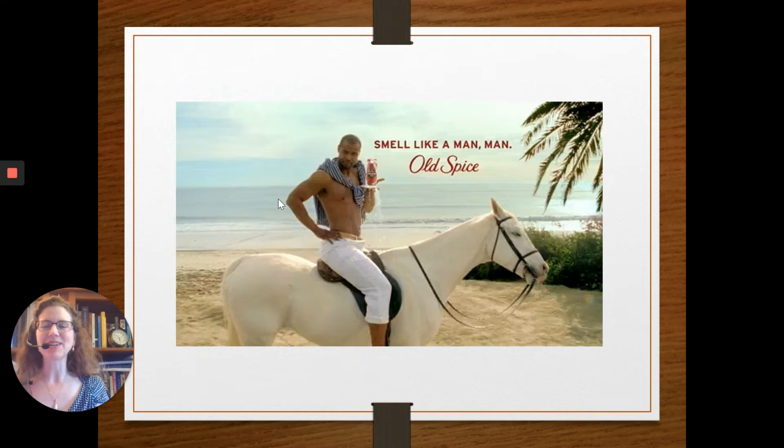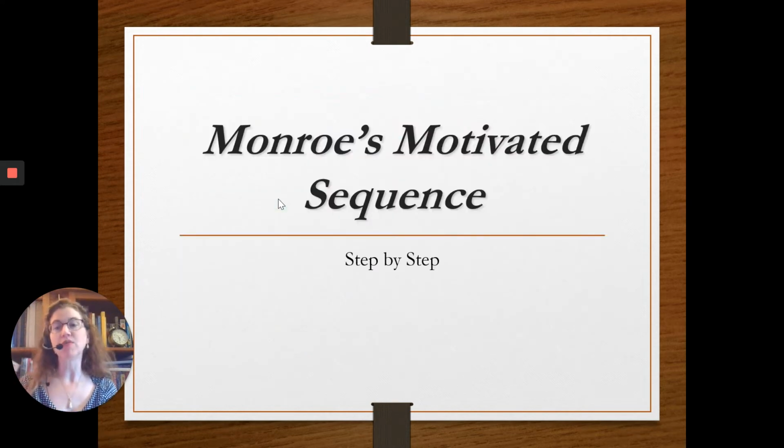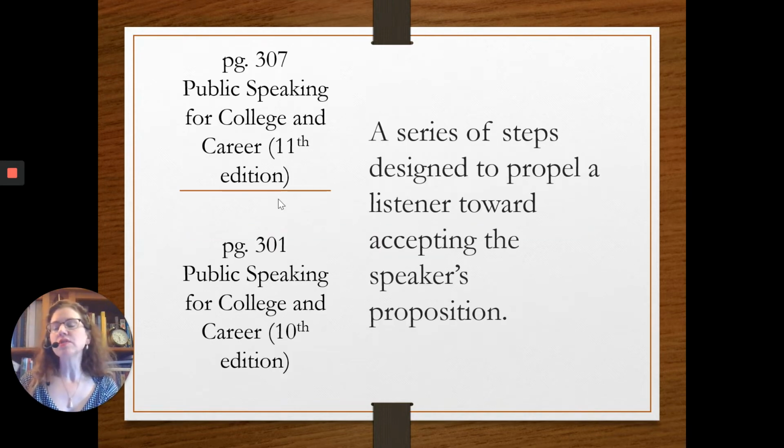And so you're going to recognize when we're talking about Monroe's motivated sequence, it's familiar as you do this all the time. So the information about Monroe's motivated sequence is taken from Public Speaking for College and Career, both the 11th and 10th editions.